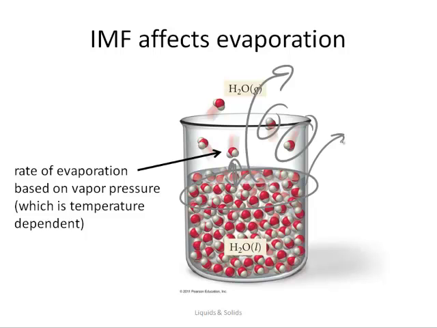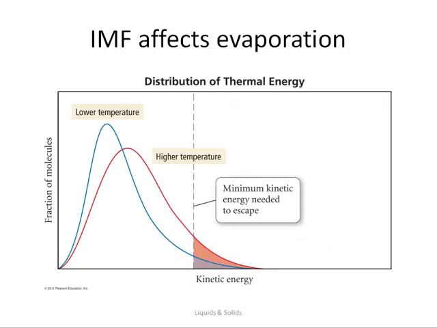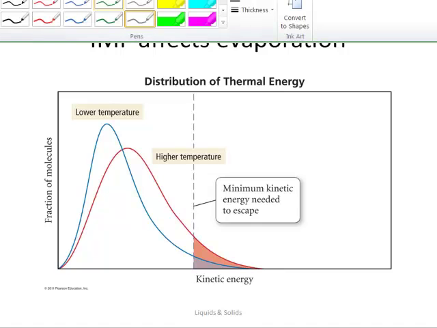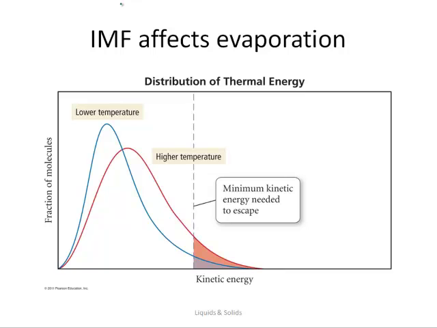But it turns out that even at room temperature, some water molecules have enough kinetic energy to overcome the hydrogen bonding. And you can see that by the plot of a fraction of molecules as a function of kinetic energy, very similar to the plots of velocity for different gases that we looked at in the gases unit. We know that the kinetic energy of a sample, not all the molecules in that sample have the same kinetic energy. They have a Boltzmann distribution.